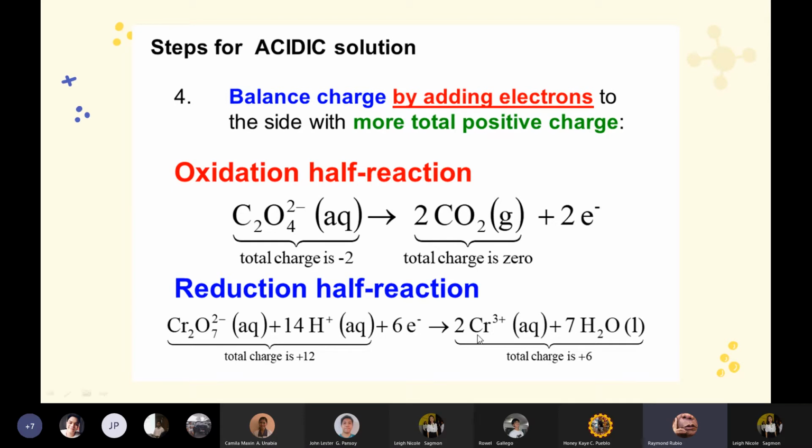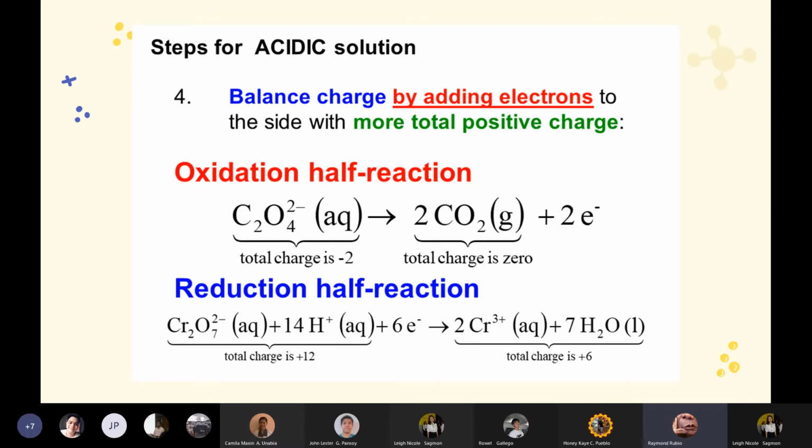Then for the other half reaction, the reduction half reaction, the total charge is 12 already. Kay 14 times H plus, that's 14. Pero -2 man ang pikas, so 14 plus -2 equals +12. Then sa right side, sa product nga side, 2 times 3 plus, so that's 6.